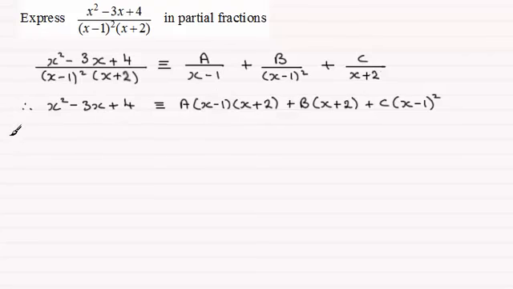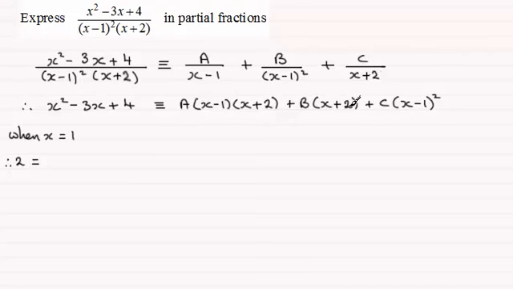to be 1. So if we do that, we'll see that when x equals 1, putting 1 into x squared minus 3x plus 4 gives us 2. So we therefore have 2 equals, putting 1 into here, that becomes 0, so this term is 0.